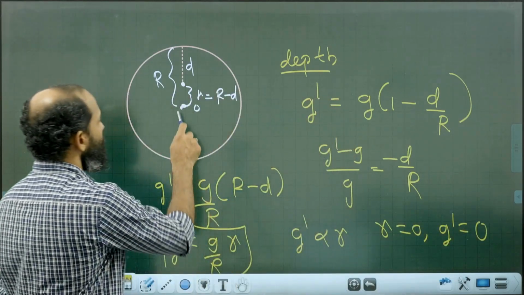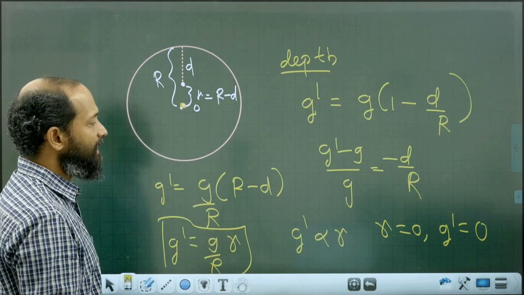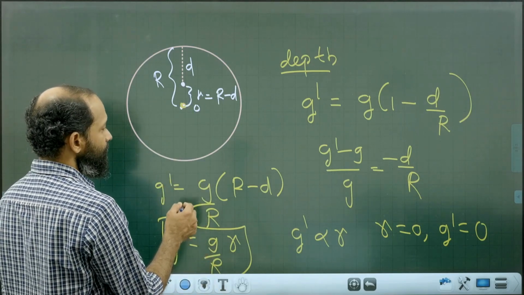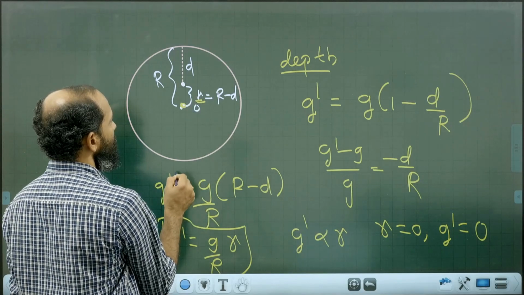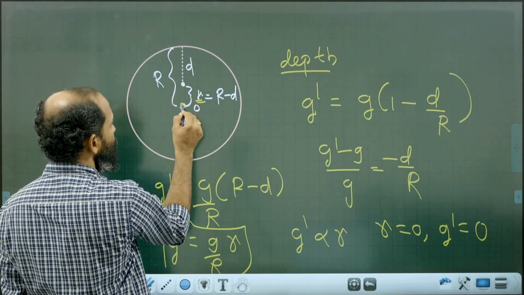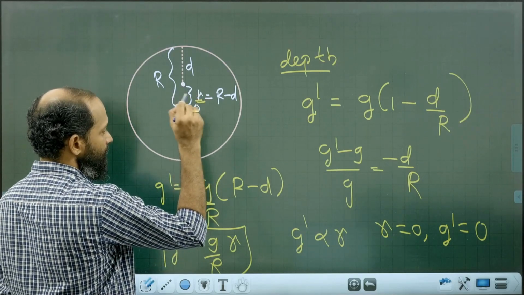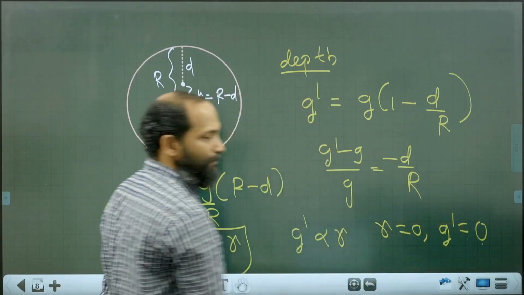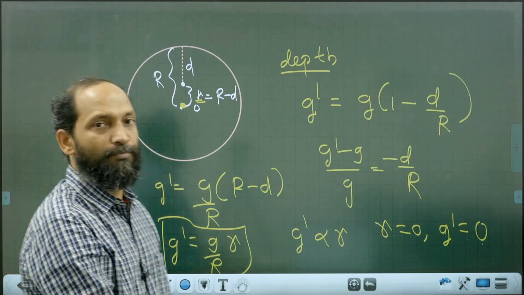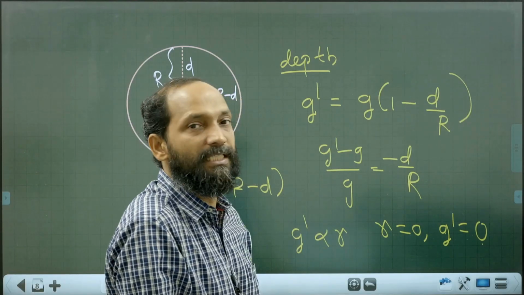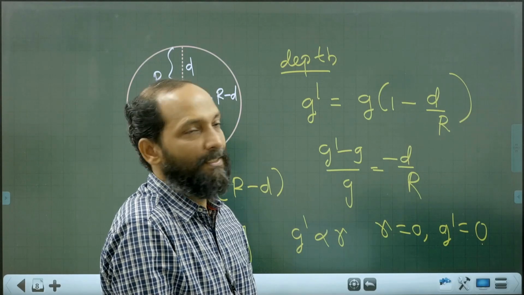So the value of acceleration due to gravity at the center of the planet, where small r is 0, because that point comes out to be at the center of the sphere, so g' is also 0. That is why an object feels weightlessness at the center of any spherical planet.